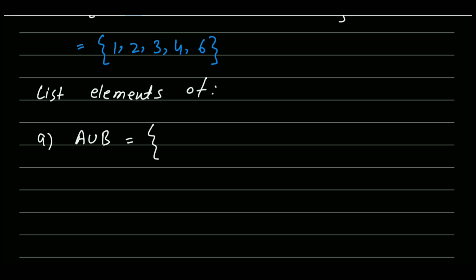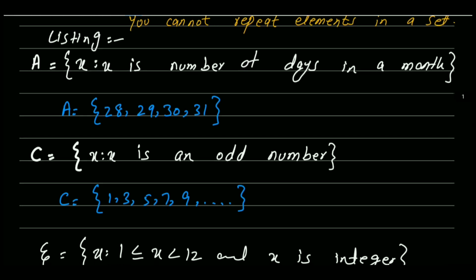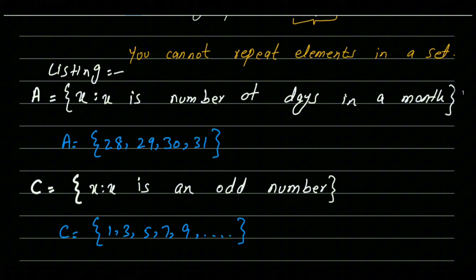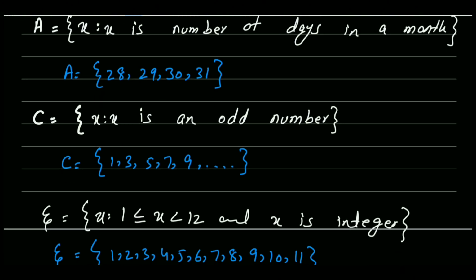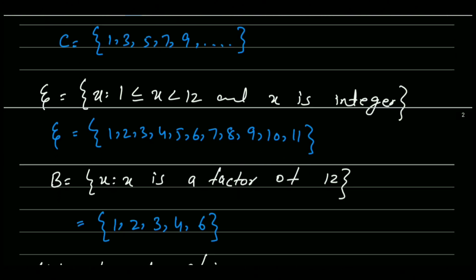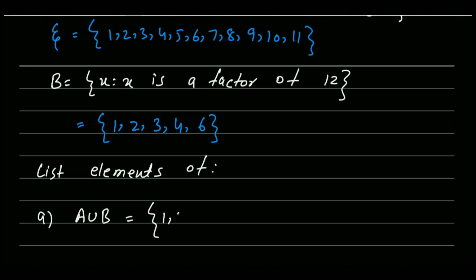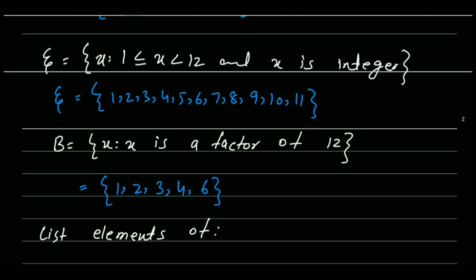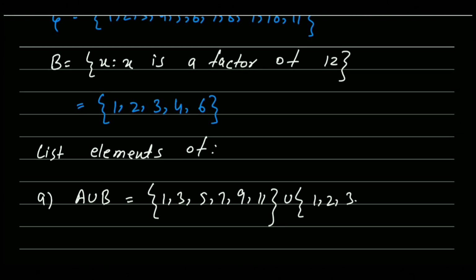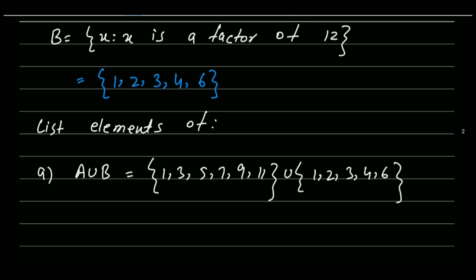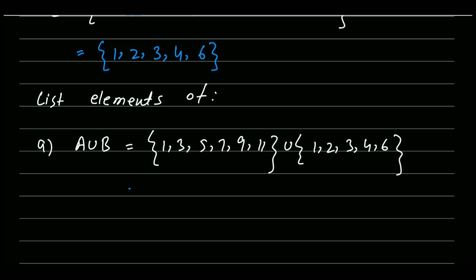First of all, we will write the set A. If the A set is 1, 3, 5, 7, 9 and 11, union B set is 1, 2, 3, 4 and 6. First of all, we will write like that. After that, we will solve it.